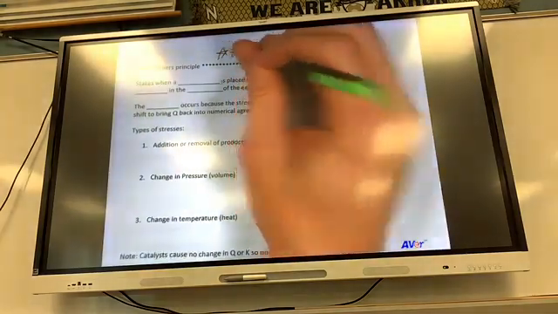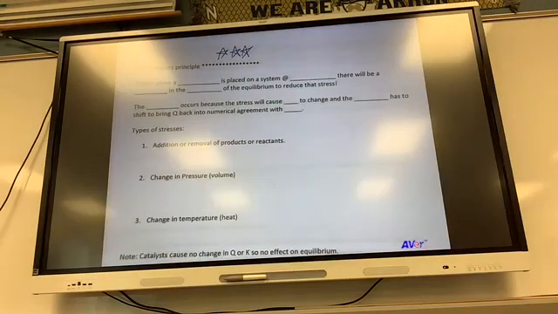This is vital. That's why I already put a bunch of stars there. If you become a Twitch streamer, you should have your username be Le Chatelier.